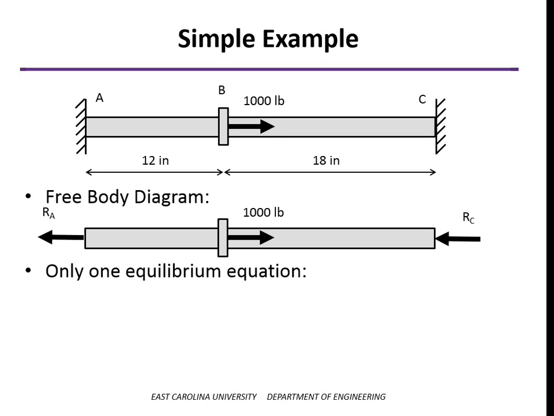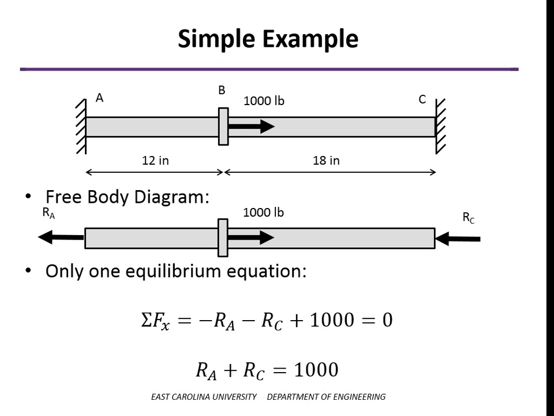The only non-trivial equilibrium equation, because the sum of the moments won't give us anything since all the forces are along the same line, and there are no forces in the y direction, is the sum of the forces in the x direction. But it involves both unknowns, Ra and Rc.